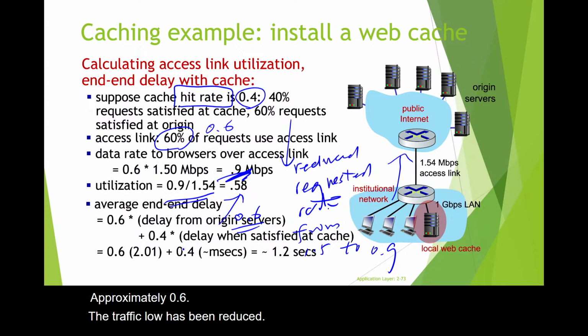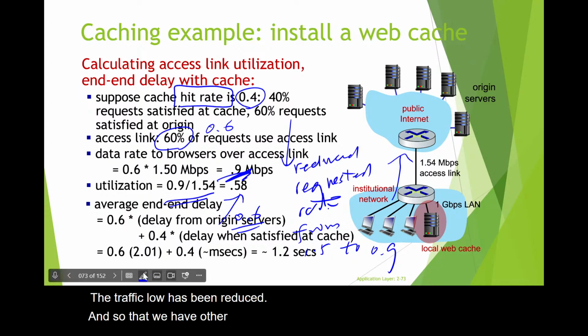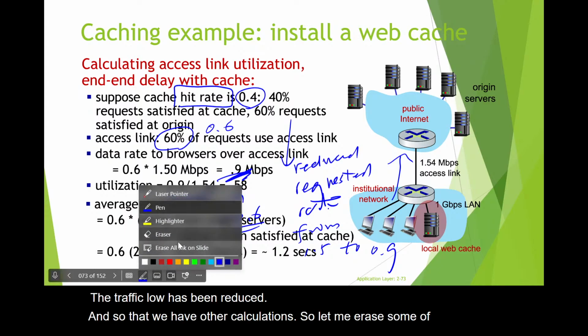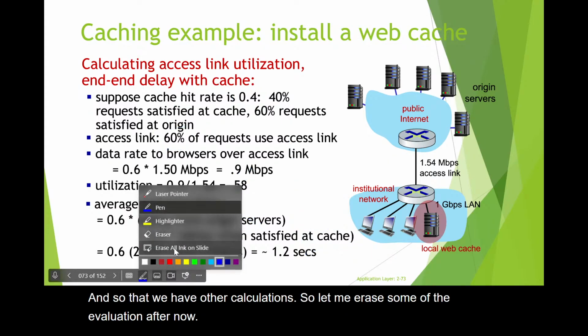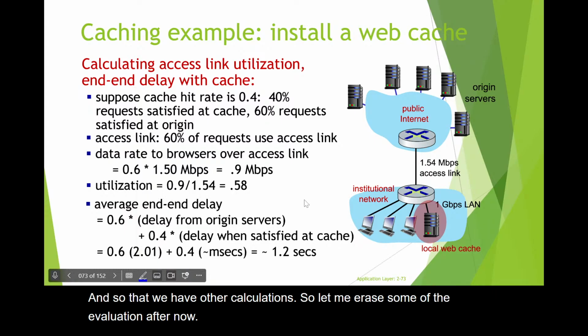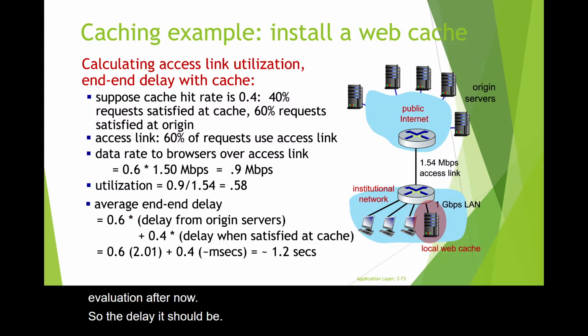And so that we have the calculation. So let me erase some of the derivation up to now. So the delay should be hit ratio times the delay satisfied at cache and LAN only.